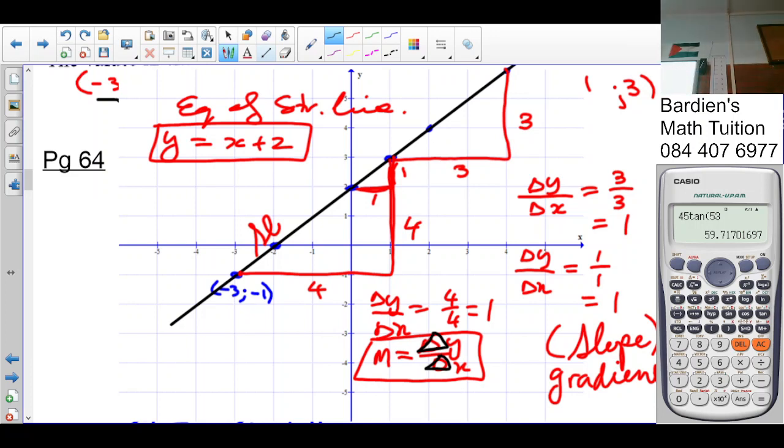Looks like a D. Now why would I put a D here and there? But now you know it's a triangle. D for delta. Delta y over delta x. Nice.